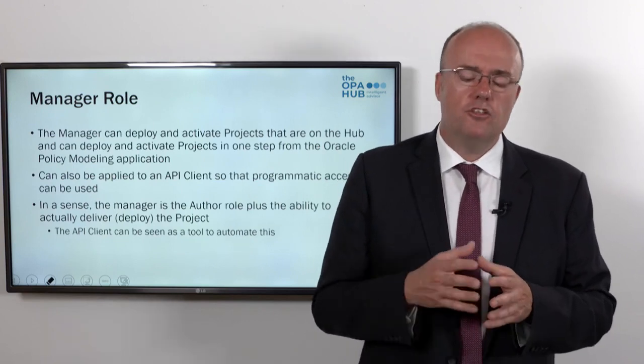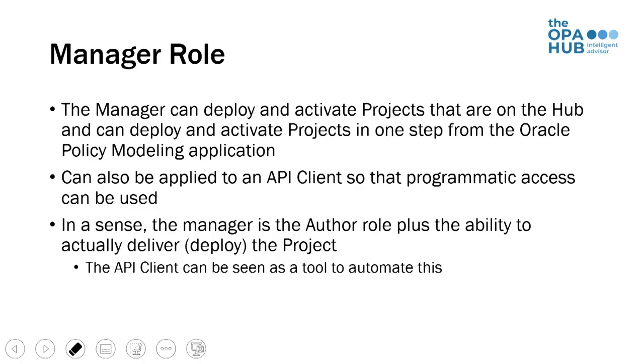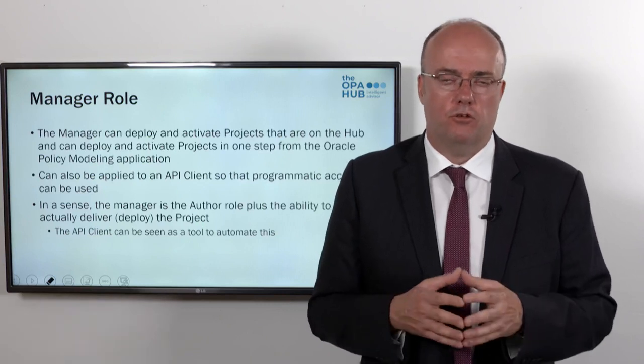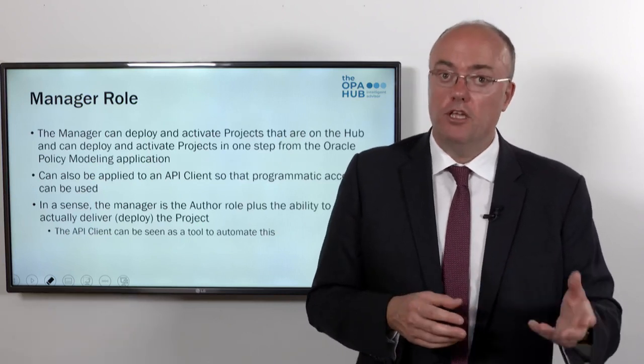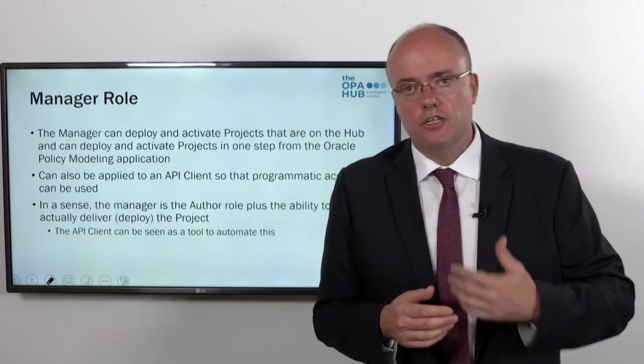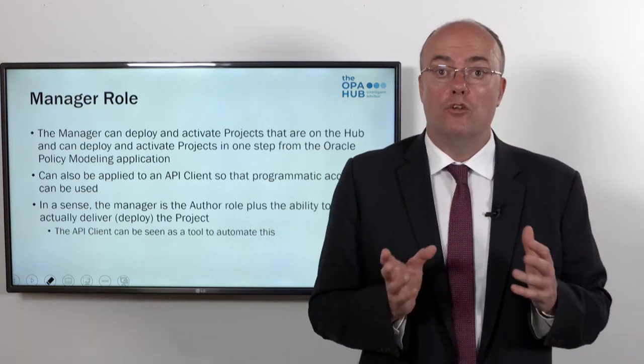Notice the second bullet point. It's quite common to see an API client user have this role. Imagine you are a programmer and you are able to automate certain things by writing code. One of the things you're likely to want to automate as part of your continuous integration and continuous delivery is delivery.